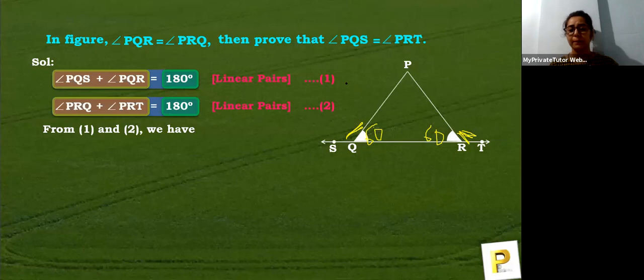Tell me. 120, correct. So this part will be 120. And so this part will also be 120 because they are linear pairs. So when you get the sum as 180, when you subtract the 60 out of 180, obviously that will be 120, and hence both of these will be what? Will be equal.